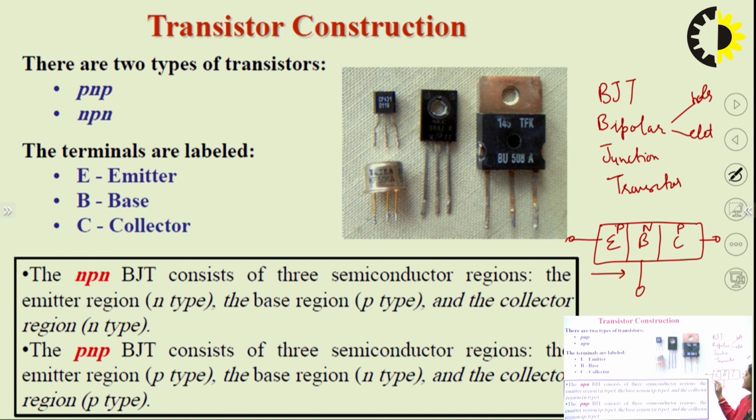So emitter is highly doped, base is lightly doped, and emitter base is always forward bias. Like this is P and this is N, so P will connect with the positive supply and N will connect with the negative supply. So emitter base junction will be forward biased and base collector region will be reverse biased, like in this way.